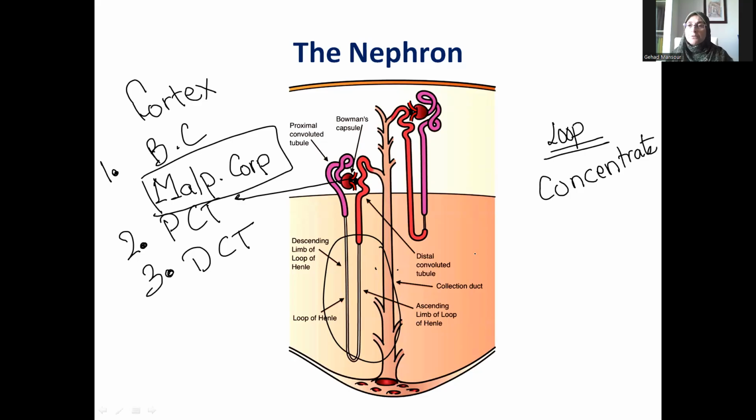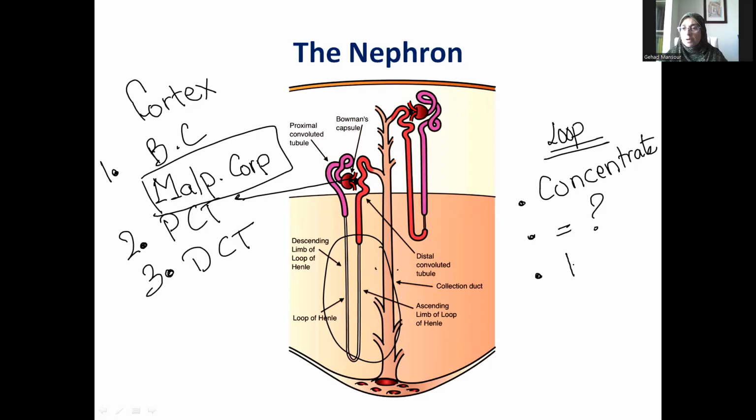What does it mean to make something more concentrated? A more concentrated solution is a solution that has more solid particles and less liquid particles. So you might be asked about the function. You might be asked about what concentration means.